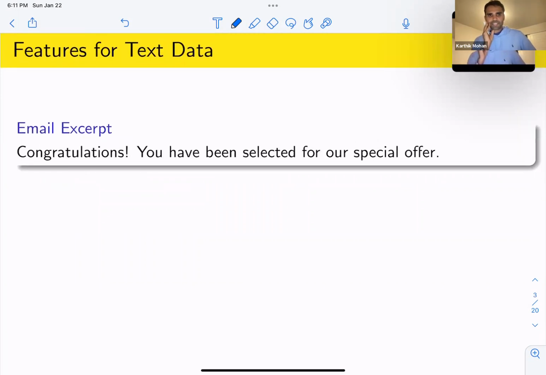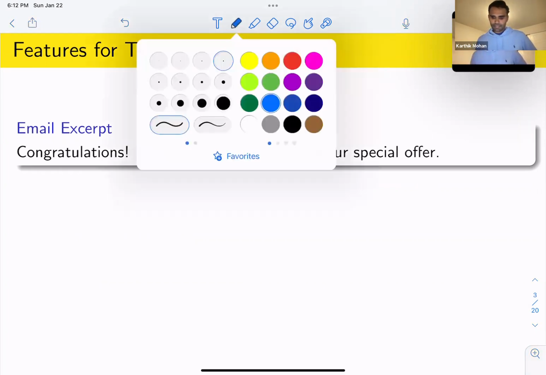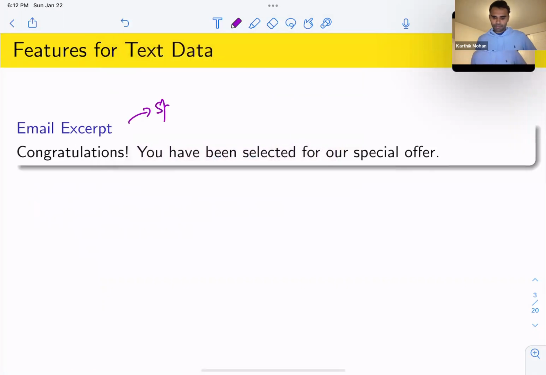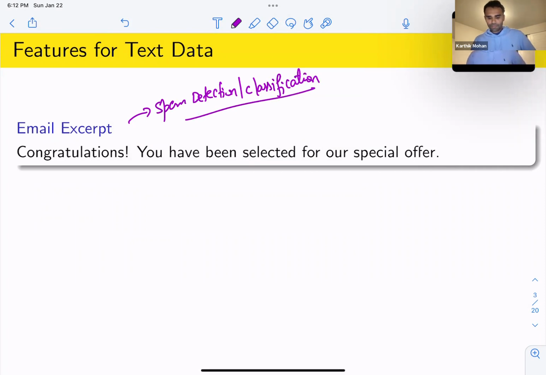Here's an email excerpt. Congratulations, you've been selected for our special offer. So let's say the context is that we want to do spam detection or classification. And we want to extract features from here. For instance, there is congratulations, that's a feature.